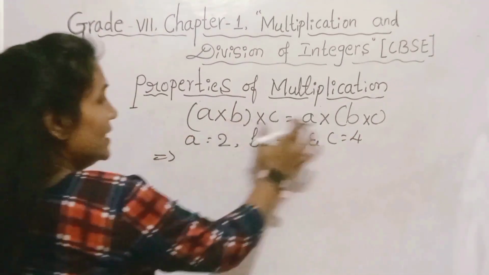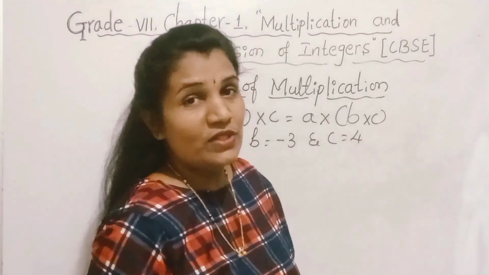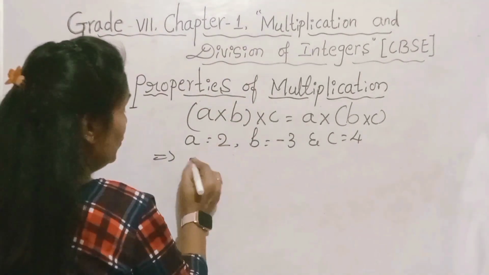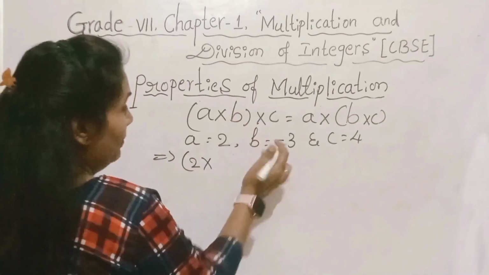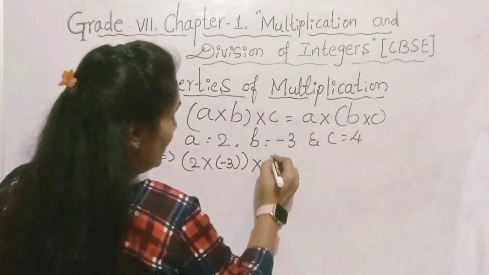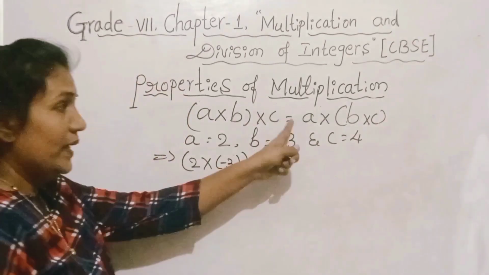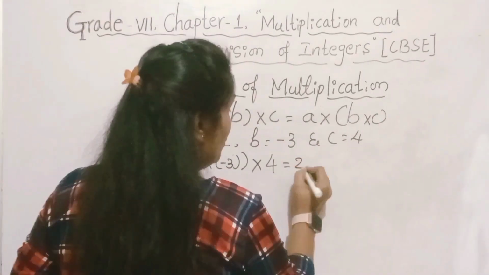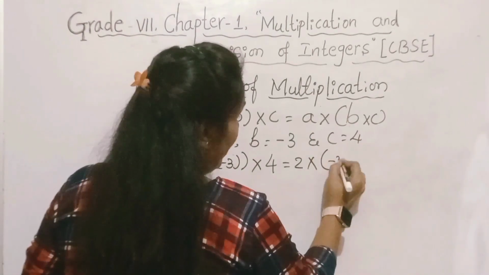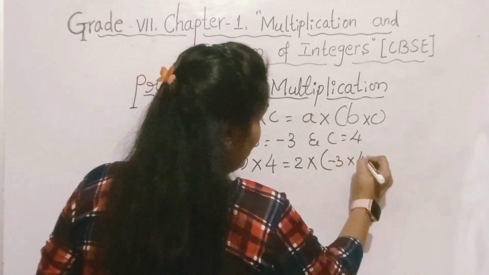For this property, I am going to put the values of a, b and c. Here a means 2, into b means -3, into c means 4, which is equal to, again, a means 2 into (b means -3 into c means 4).